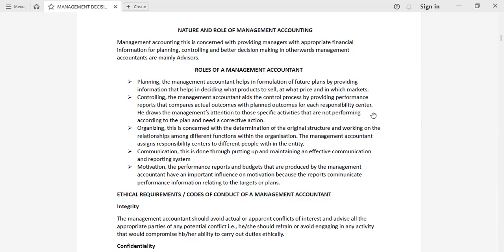So having understood management accounting in detail, we can now look at the roles of a management accountant. The other side we've been defining, it's like a department.